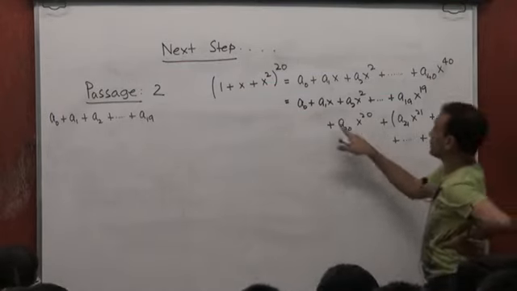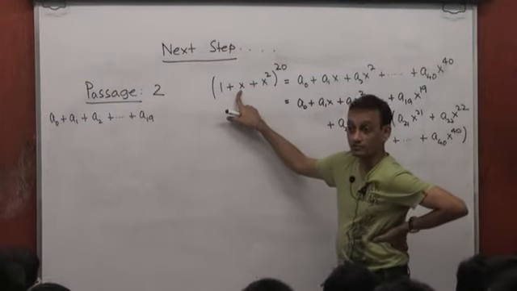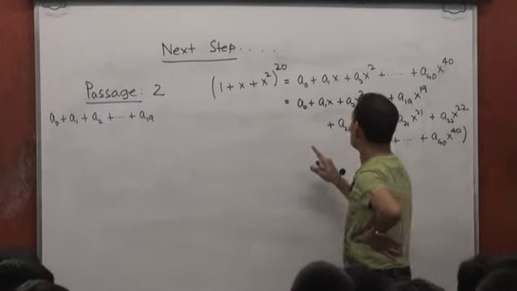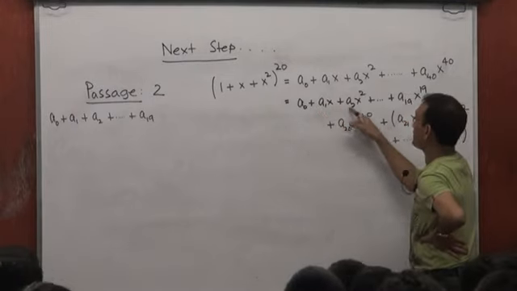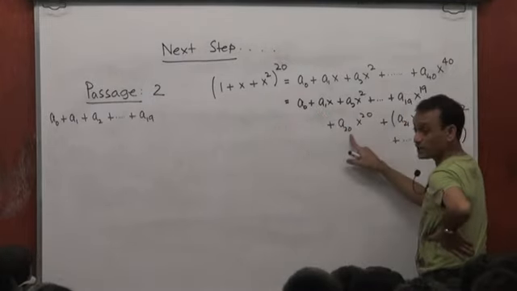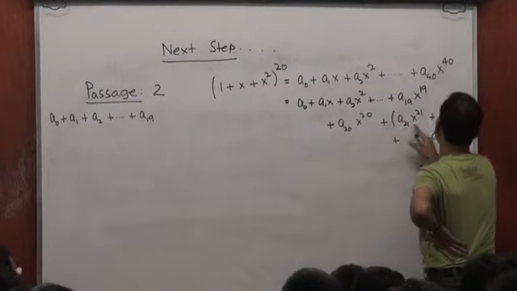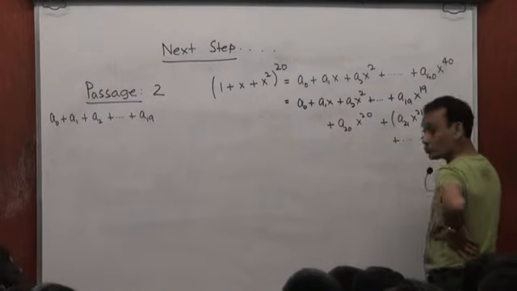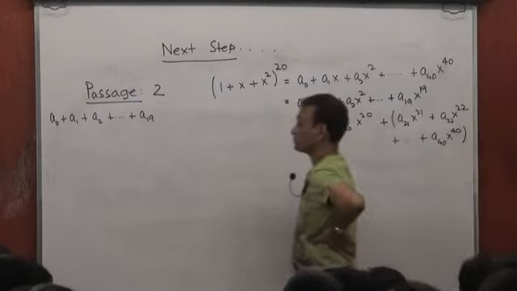Now, in the whole thing, if I plug in x equal to 1, I get 3 to the power 20 equals a0 plus a1 plus a2 up to a19 plus a20 plus a21 plus a22 plus a23 up to a40, is what I get.